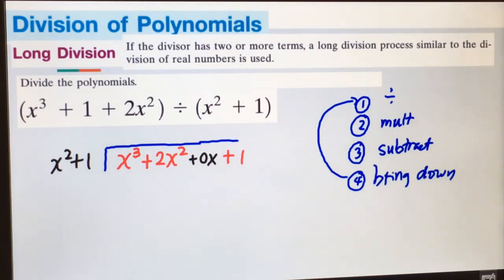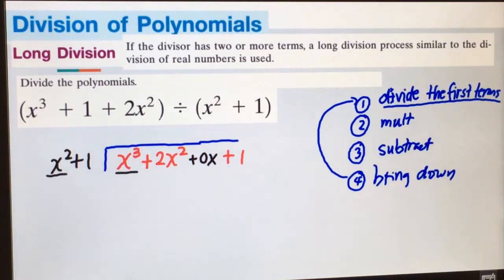Now the difference from dividing numbers is that in polynomials, we only divide the first terms, the first term of each polynomial. So in this case, we should only divide x cubed by x squared.